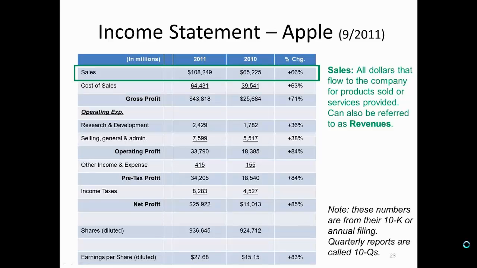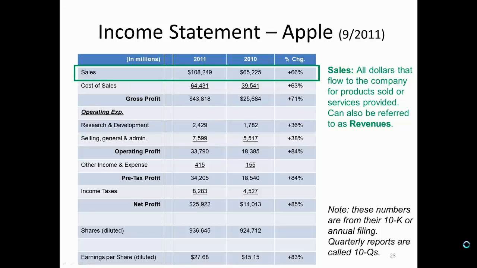All right, so here is Apple's income statement for the fiscal year which ended September of last year. So this report would be in their annual filing, which is called a 10-K. First line that I have highlighted at the top is called sales, and some companies, as we've discussed, call it revenues.